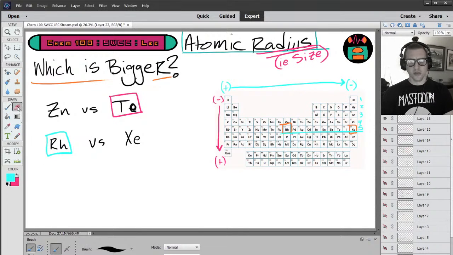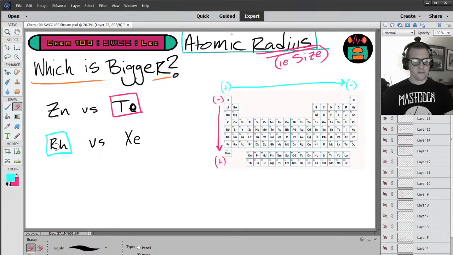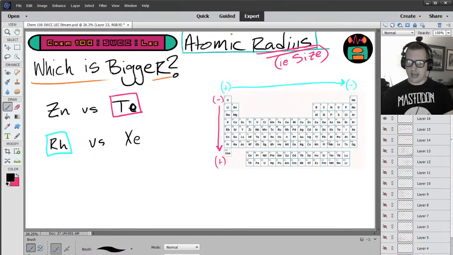All right, let's do one more just for good measure. Let's take a look at bromine versus sulfur.